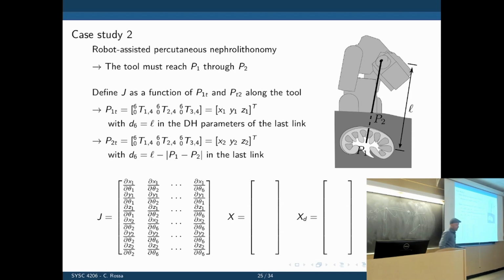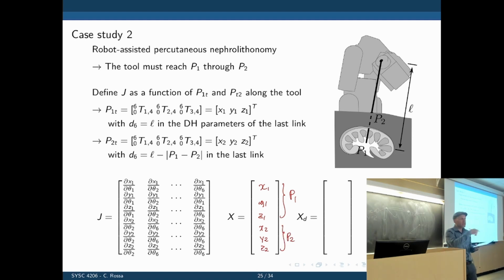Right? So I'm organizing the desired position and the actual position. Let's find the actual position x1, y1, z1, which is basically the Cartesian position of P1. And then concatenate x2, y2, and z2, which is the position P2.